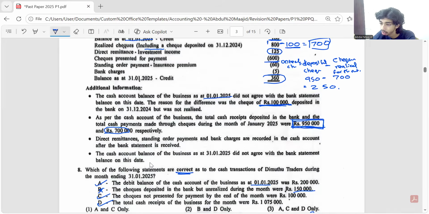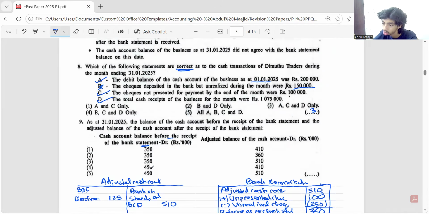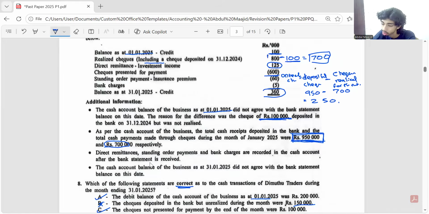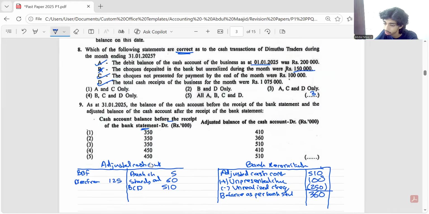Bank charges given as 5,000. Standing order payment 60. So you can balance off and find the opening balance of adjusted cash control. 5 plus 60 plus 510, that is 575. 575 minus 125, that is 450. So the balance of the cash account before the receipt of bank statement is 450, adjusted balance of cash account 510. That is answer number 5.